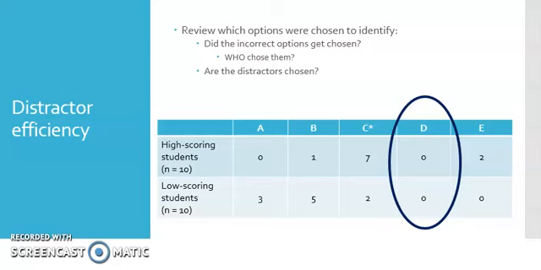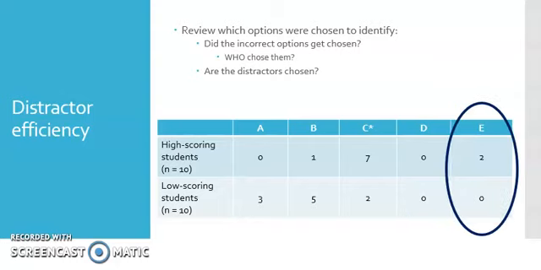It didn't fool anyone, so it doesn't give us any information. So this analysis suggests that maybe that option should be changed to something that is plausible. And if you can't come up with another plausible answer for diagnostic purposes, maybe just exclude it. Don't have so many options.